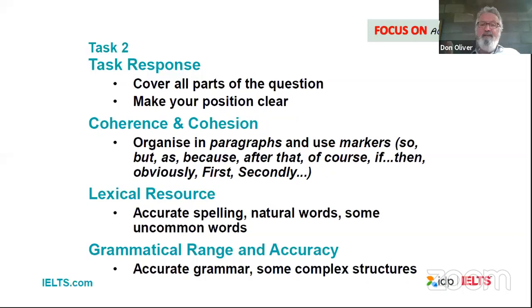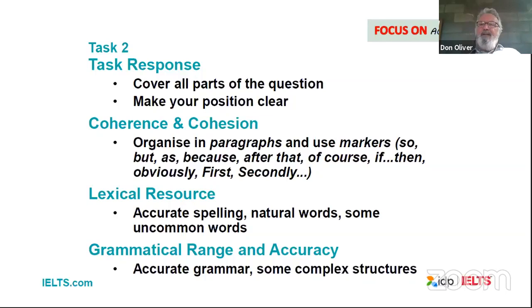So check on that. Remember, for a band 7 and 8 and 9, you must be able to use some uncommon words in English. Words that are not just everyday words, but good words. So learn some of those words.